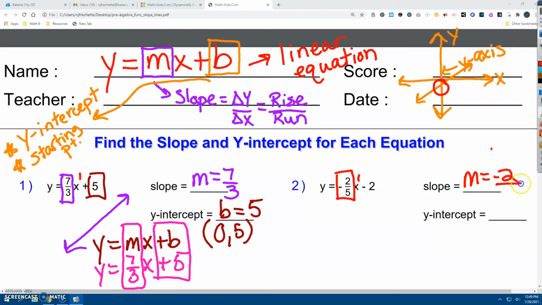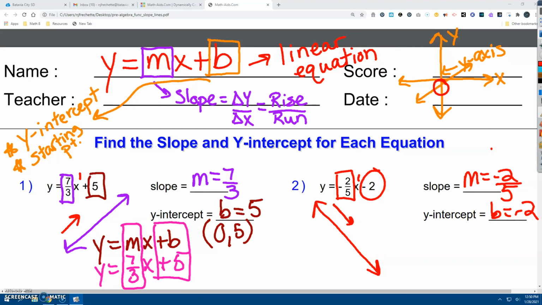When we look over here, we have our b value, which is negative 2. That's also known as our starting point. If we look at this line, it's negative, so on a grid it would look like this. It'd be that nice flow downhill. Up here you'd be positive, going up.